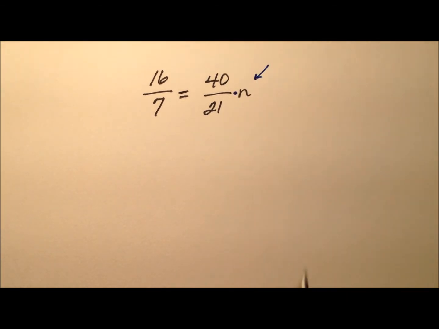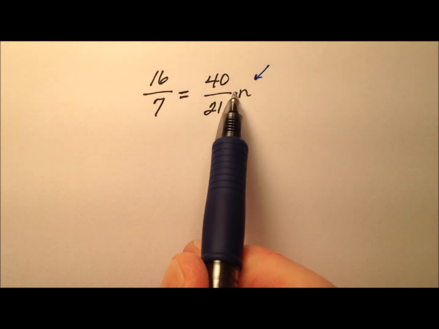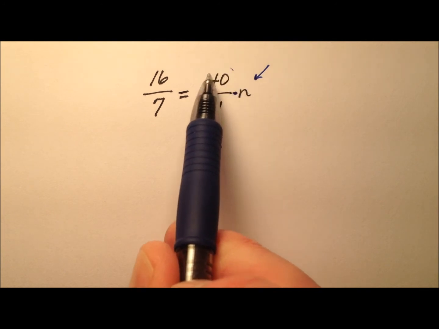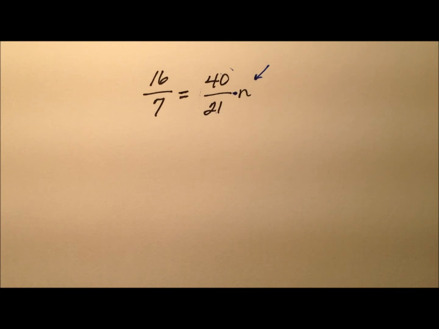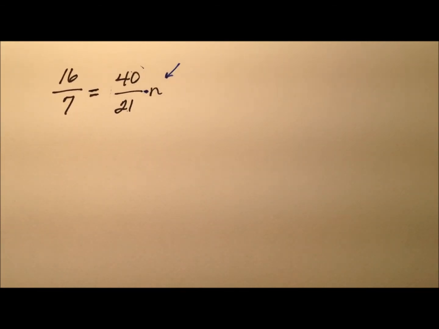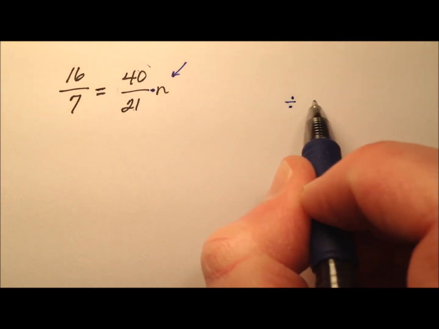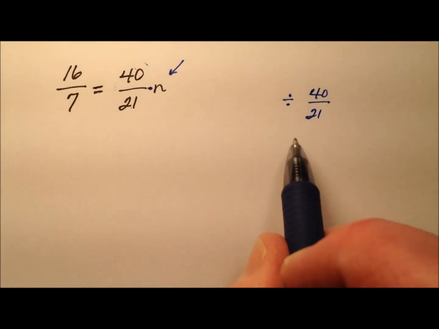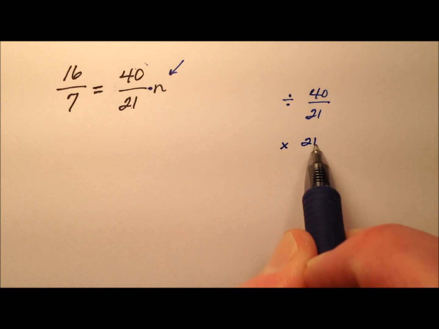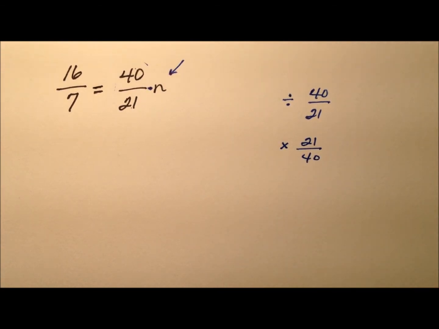So in an effort to get this n variable all by itself on this right side, we see that we need to do the inverse of multiplying by 40 over 21, which is going to be dividing by 40 over 21. But remember that when you are dividing a fraction, isn't that the same as multiplying by its reciprocal?